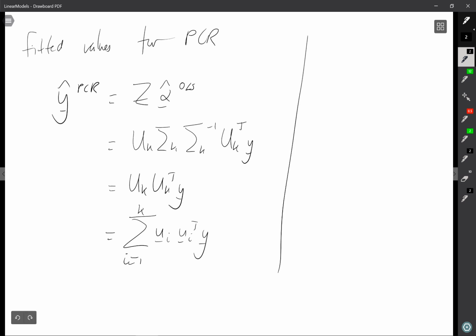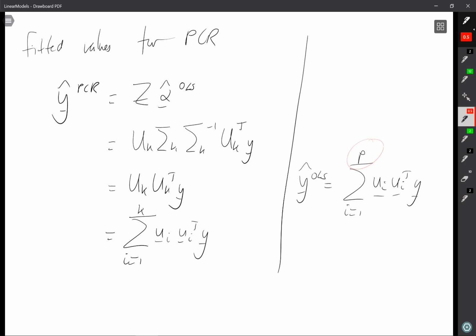To compare that with OLS, ordinary least squares, we found the fitted values in OLS were the sum from i equals 1 up to p of u_i u_i transposed y. So it's exactly the same as before, but instead of projecting onto p singular vectors, we just project onto the first k singular vectors.